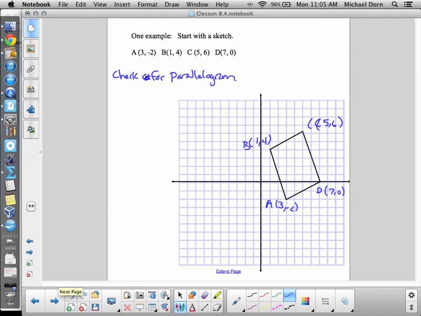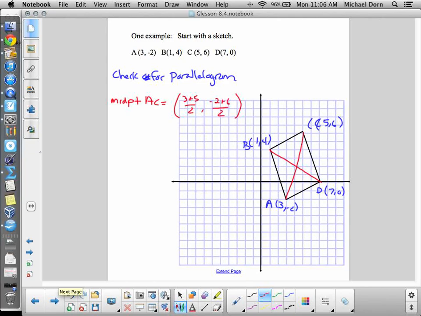That means midpoints of the diagonals. Remember, we're going to work with these two diagonals, BD and AC. So midpoint, again, every time we make a measurement, we write down what we're measuring. The midpoint of AC, 3 plus 5 over 2, -2 plus 6 over 2.